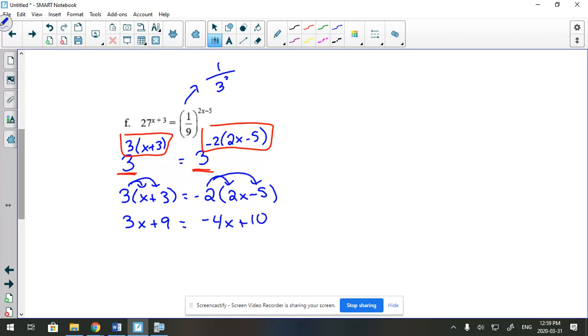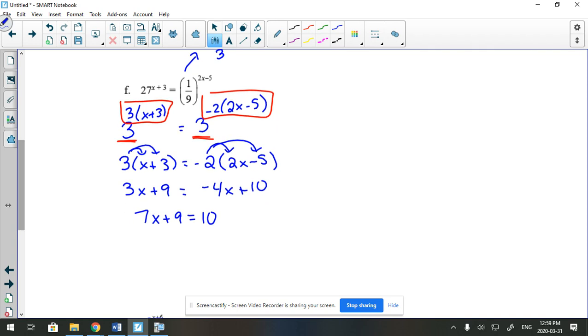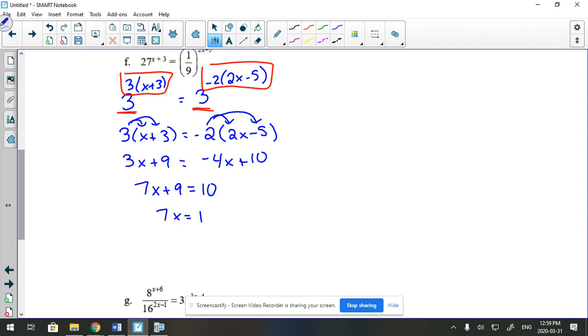And then I'm going to add 4x to both sides. And then I'm going to minus 9 from both sides. And now to get x by itself, I'm going to divide both sides by 7.